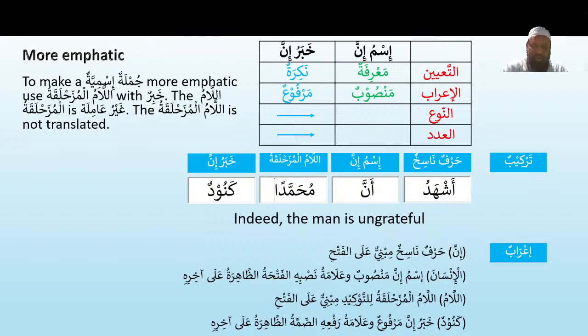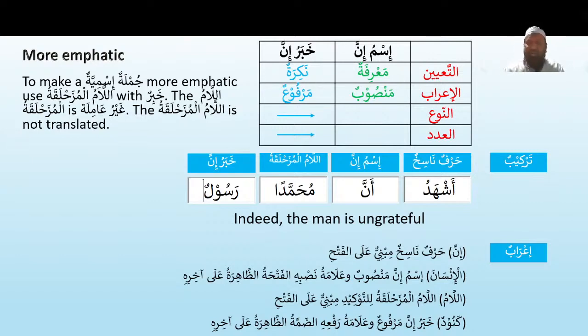So Muhammadan. Ashhadu anna Muhammadan. Then whatever we add, we can add here. Khabar will be Rasulun. Ashhadu anna Muhammadan Rasulun.